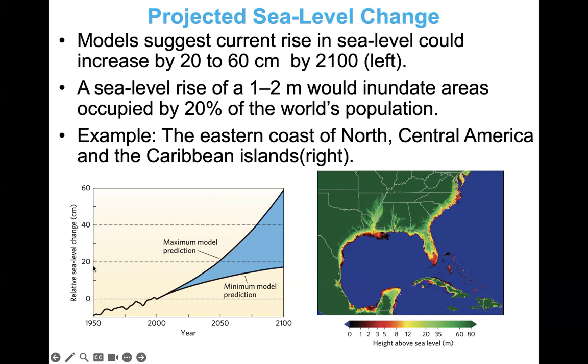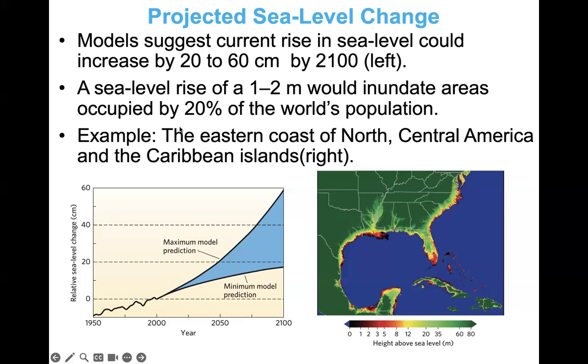It's about almost 18 centimeters. And if we look at the maximal prediction, it would predict sea level to increase by 60 centimeters, which is a lot.